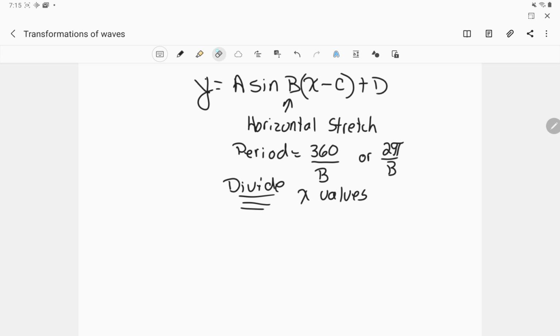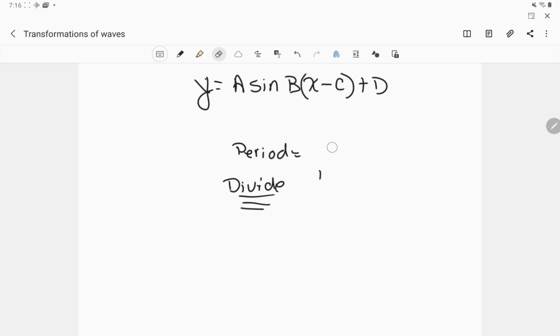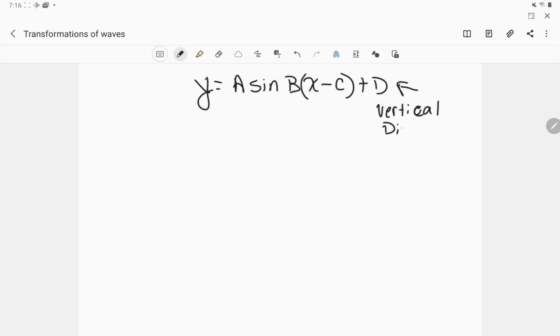Okay. So those are the two that we talked about in the last section. But as you can see, I've got 2 more numbers on there. I'm going to skip C for a minute, and I'm going to go to D. D is your vertical displacement, just like it was with a parabola.